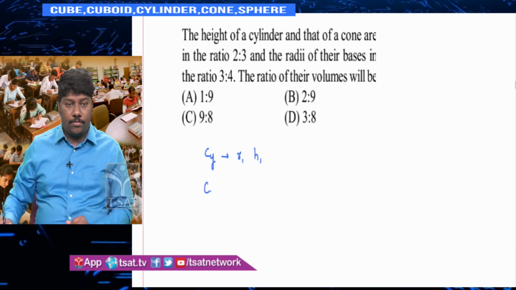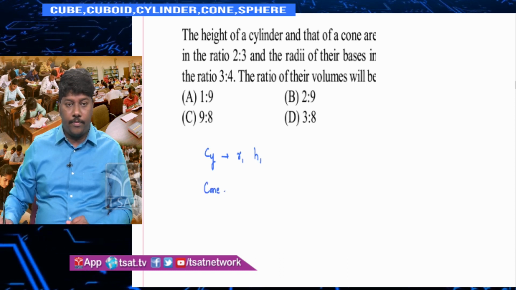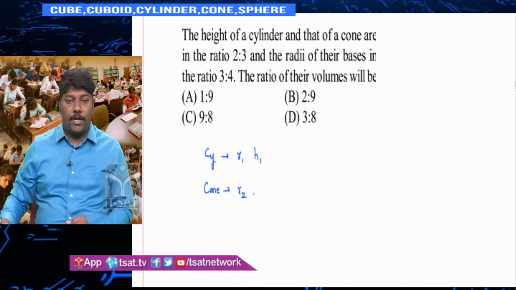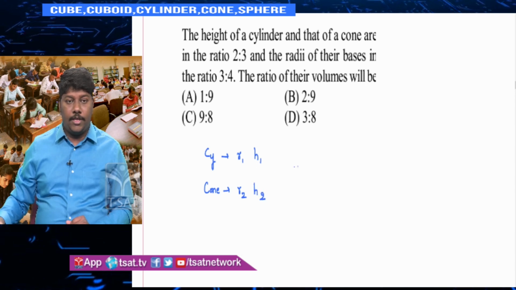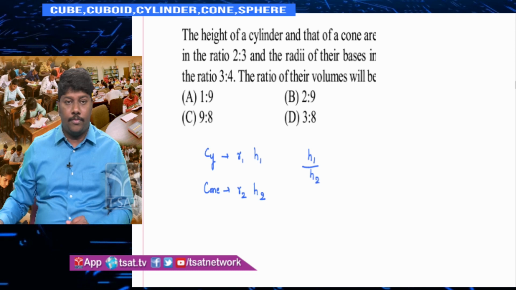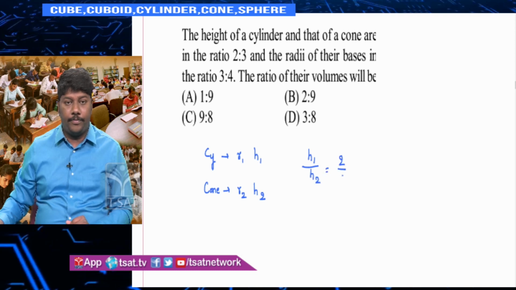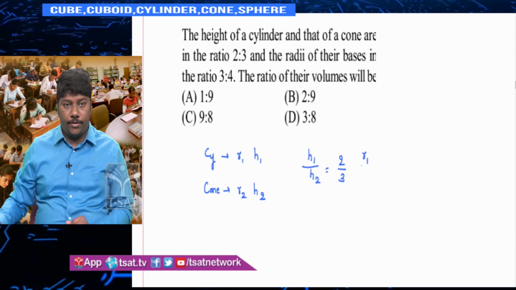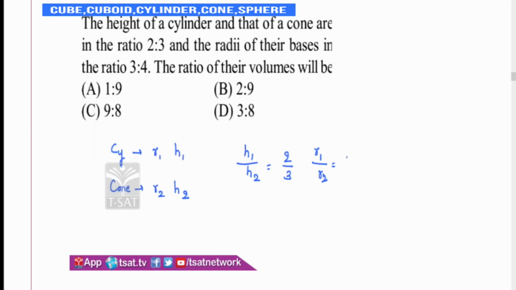For the cone, radius be r2, height be h2. Therefore heights are in the ratio h1 by h2 is equal to 2 by 3, R1 by R2 in the ratio 3 by 4. All we are looking for is the volume of cylinder by volume of cone.